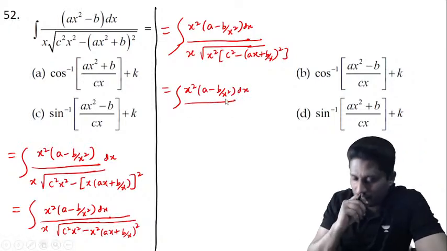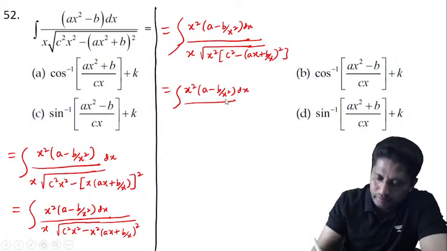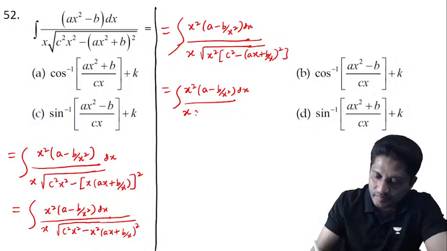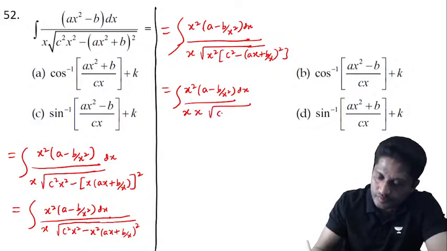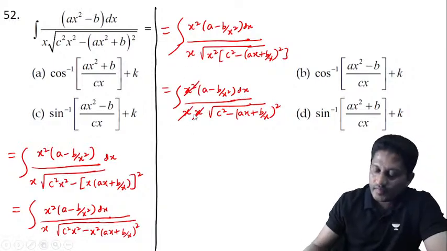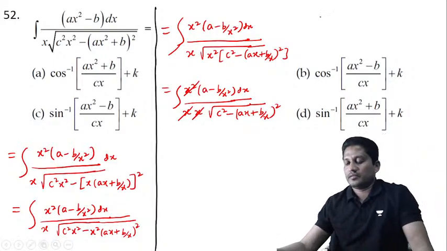Then whole x into, that x square is under the root. If you take x square outside the root, it will be x, root of c square minus (ax plus b by x) the whole square. Okay, so this x square will cancel with x square. Now I'll put a plus.